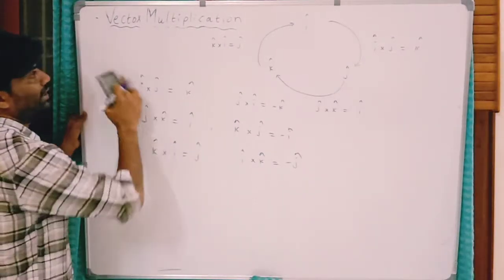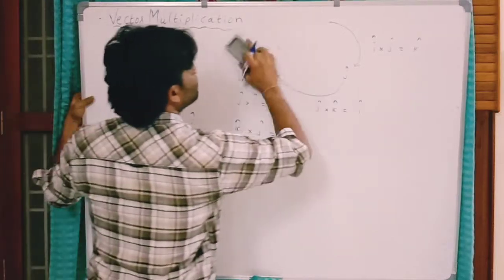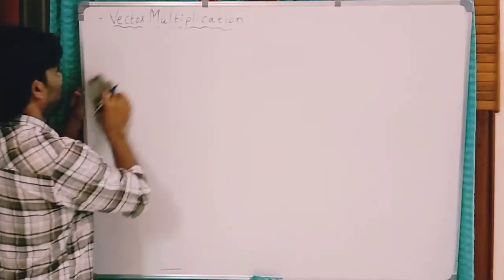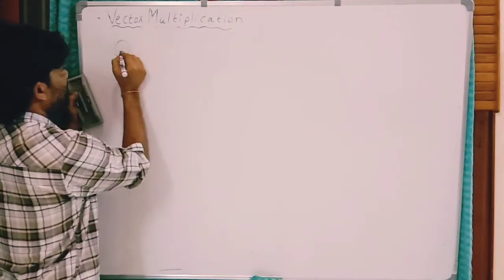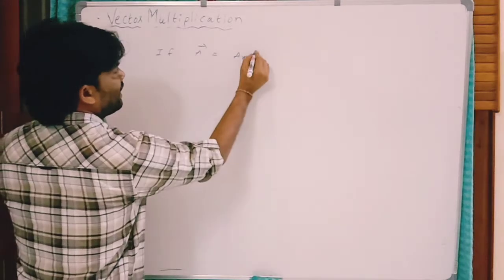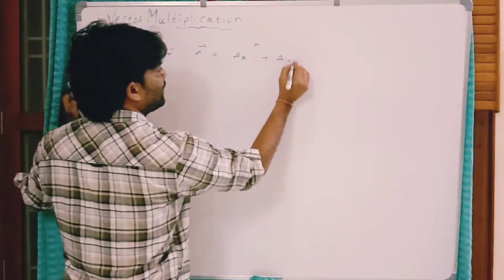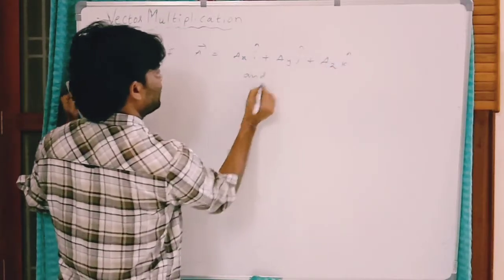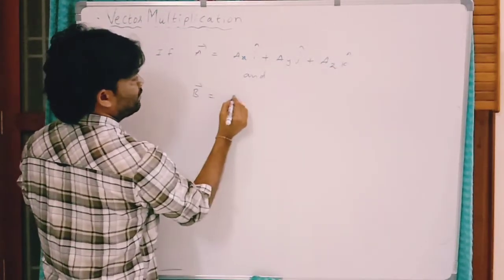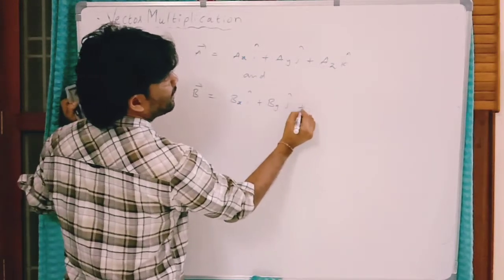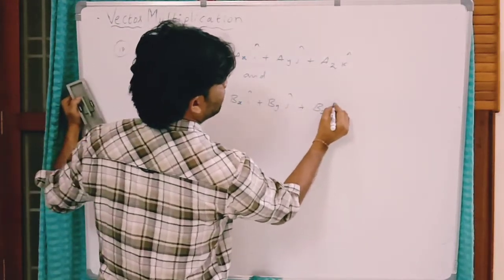Now the next property. If you have two vectors, a vector is ax i cap plus ay j cap plus az k cap, and b vector is bx i cap plus by j cap plus bz k cap.